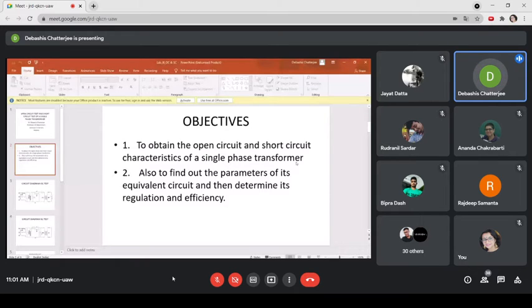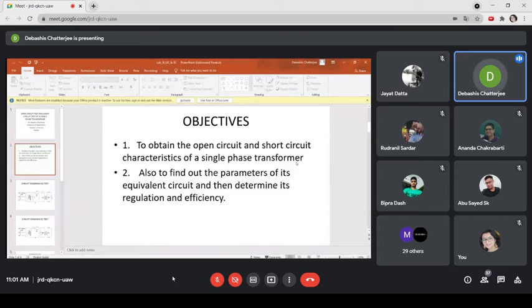DC generators, then synchronous generators. Open circuit characteristics is the characteristics of the open circuit voltage versus field current. So in a transformer you don't have any field current, so it is the magnetizing current.